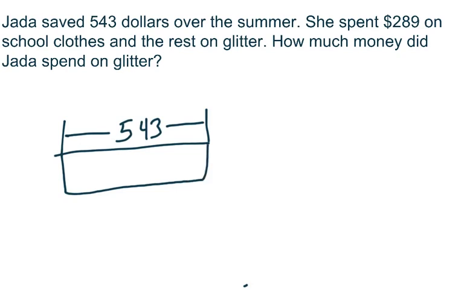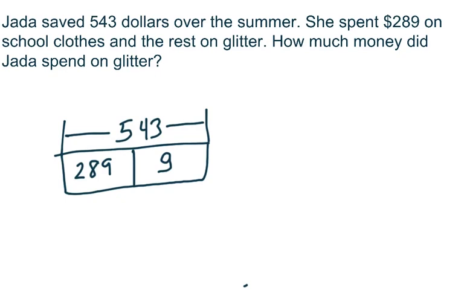Now $289 was spent on clothes. And we're trying to find the rest that she spent on glitter. Since I need a variable here, I'm going to say that G is for glitter.